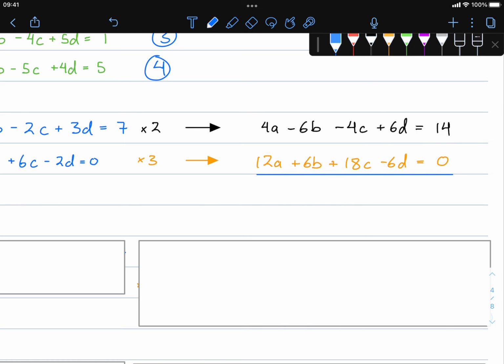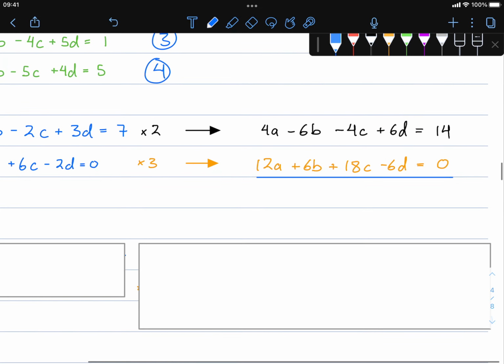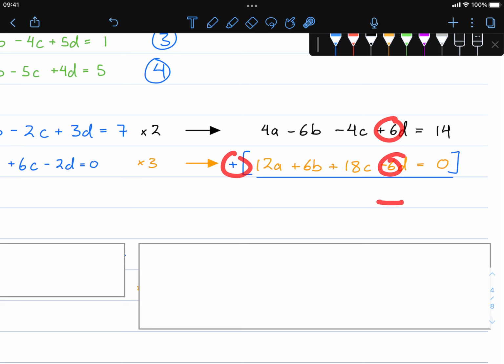Now, if you've noticed, we actually will also eliminate b. That should not be a problem. We're only focusing on the last variable d. So we're going to add, because 6 plus negative 6 will become 0.